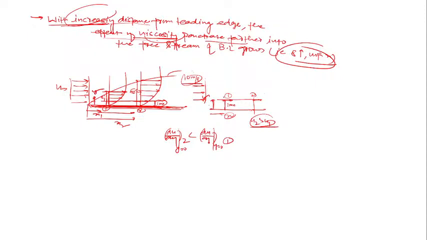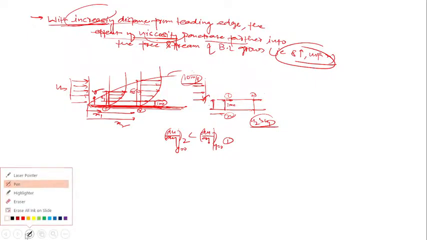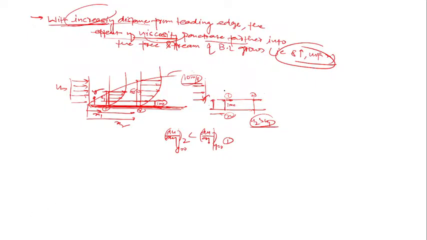So if you draw the profile, my dear student, listen carefully. The velocity at this point should be like this. Here it should be less. This one is much wider, this one is less wide. This is the change in the velocity profile. Is this clear?